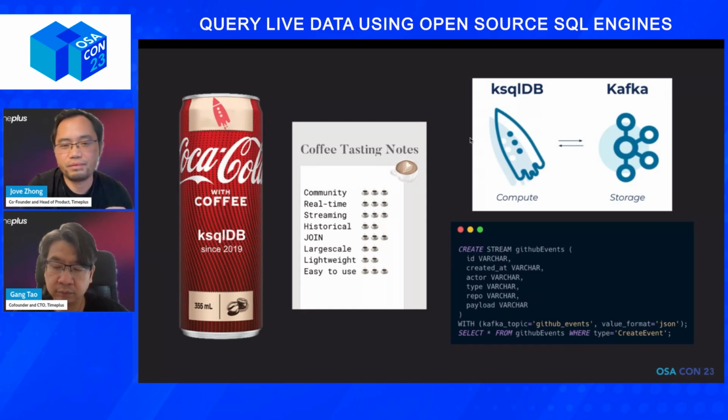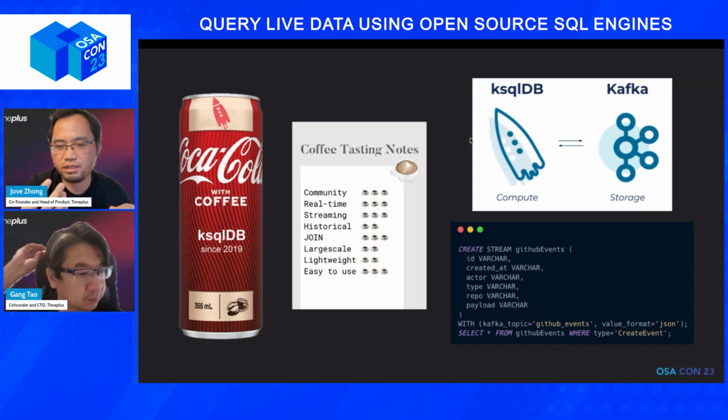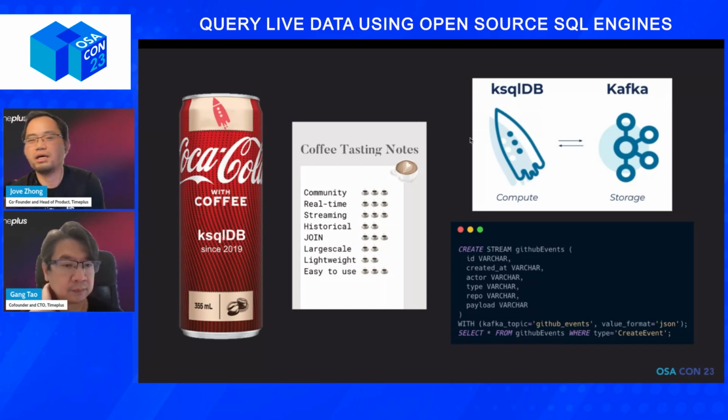And yeah, this project has been there for quite a while, but there are some limitations. For example, all the data has to be in Kafka. If your data is in some other places, such as Kinesis or Pulsar, this may not work.